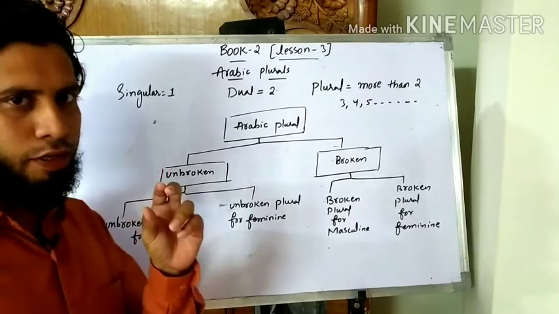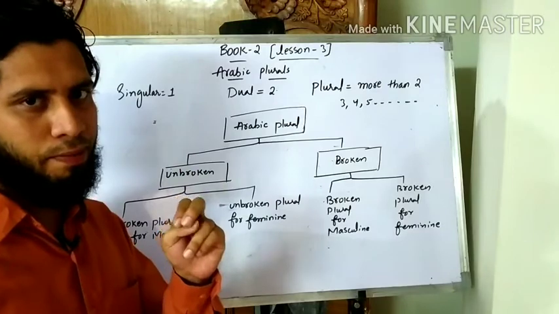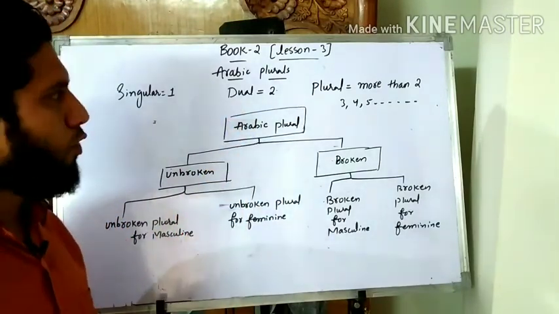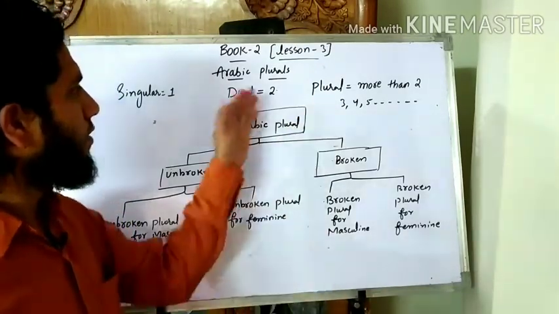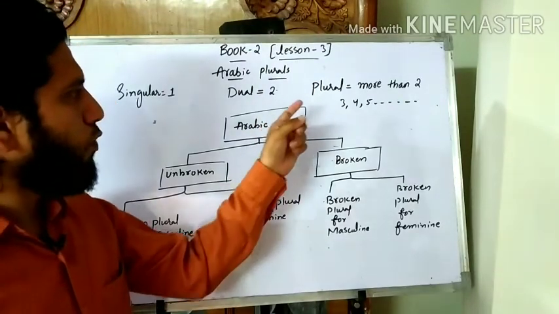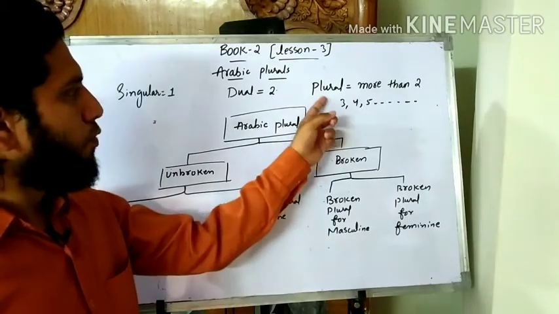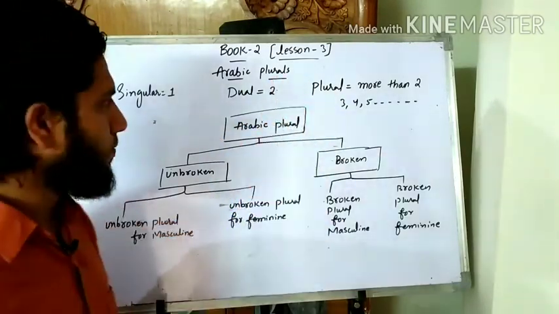A particular form is there for two people, two objects, two things. That is called dual. Plural means more than two. In further lessons, we will see the concept of dual, but today we will discuss plural. It may be three, four, five, and so on.